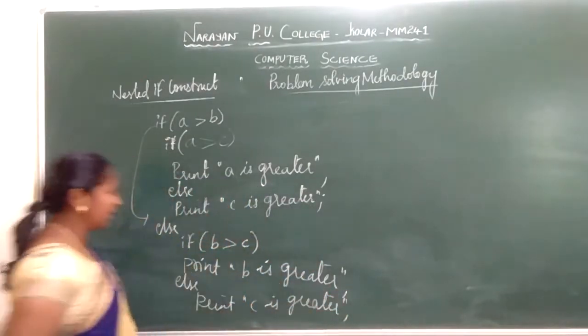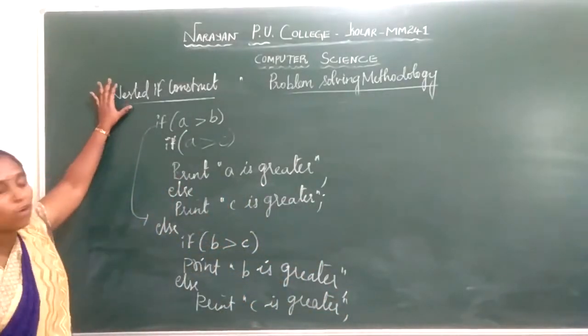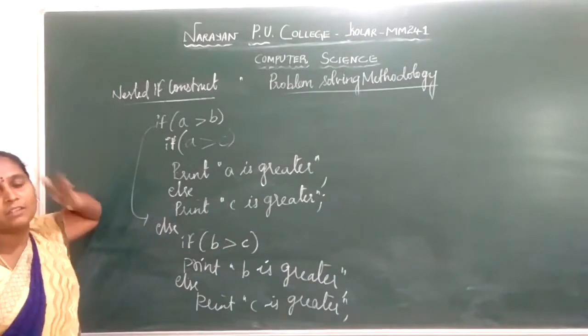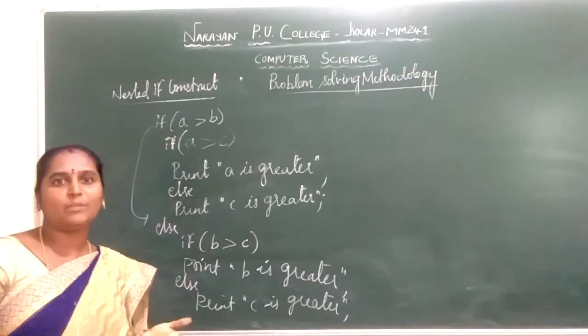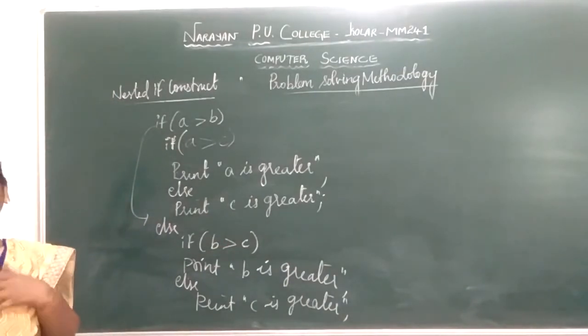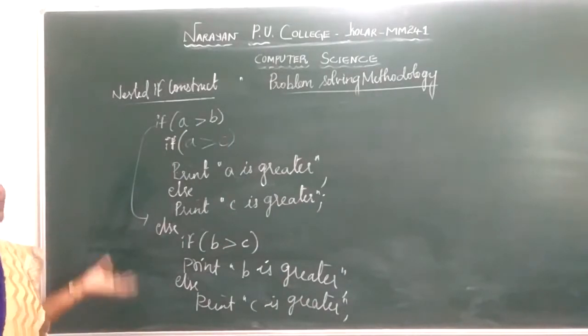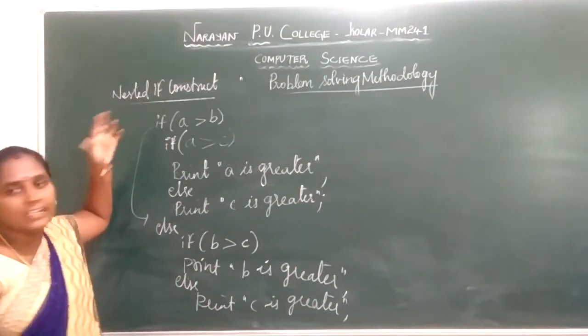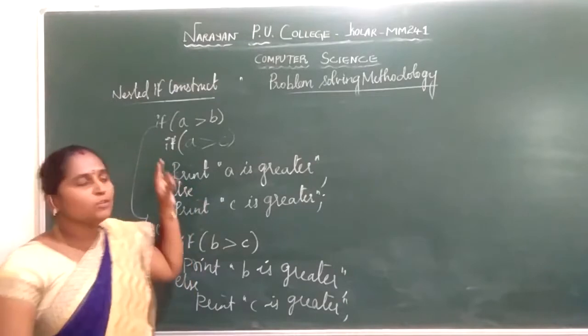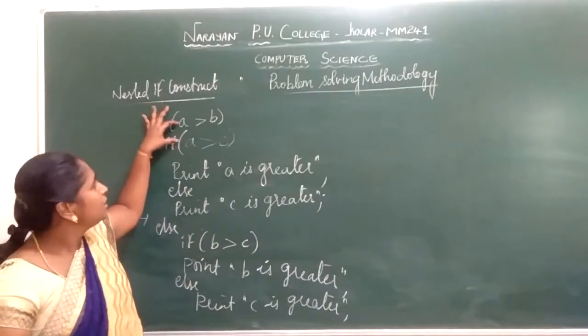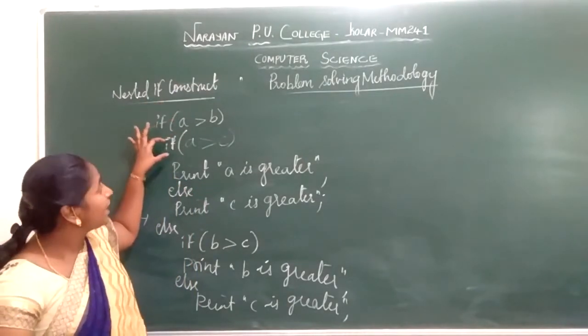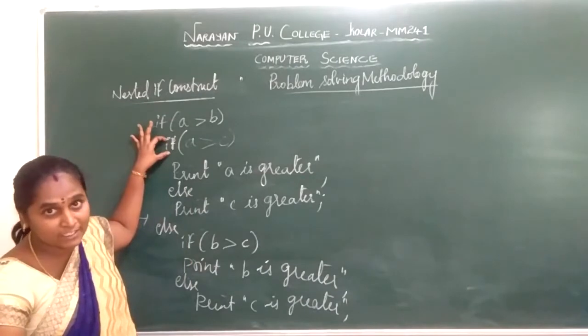Once again explaining, see here, this nested if I have already told: one if statement is being enclosed within another if statement, or one if statement is being nested with another if statement. Such a condition we call a nested if construct. I am using a main if statement, and inside that I am enclosing another if statement, that is my nested if statement.